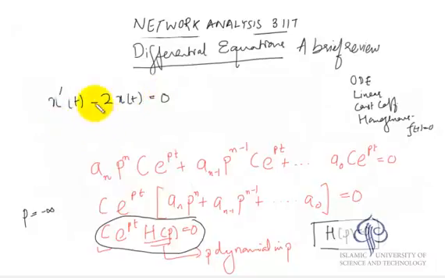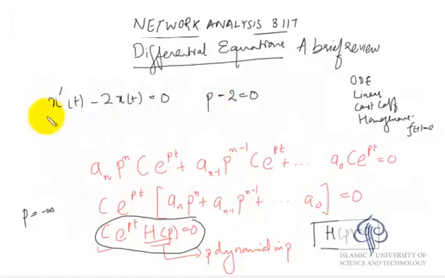The characteristic equation for this would be p minus 2 is equal to 0. You have to substitute for each degree of derivative of x the corresponding power in p.